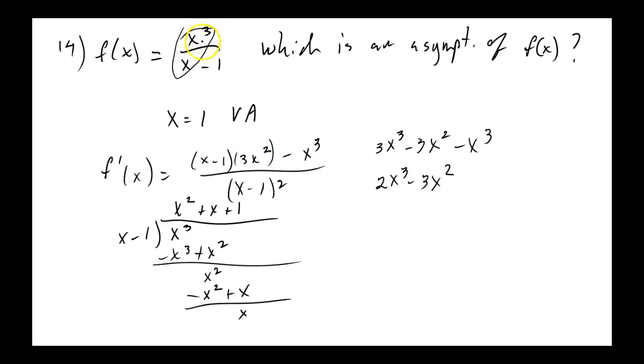In other words, x squared over x minus 1 would have a slant asymptote. Here, that would be a remainder of 1, so you'd have plus 1 over x minus 1.